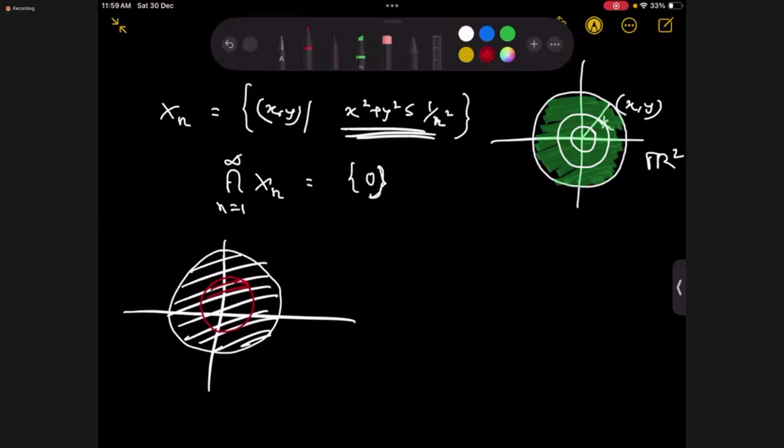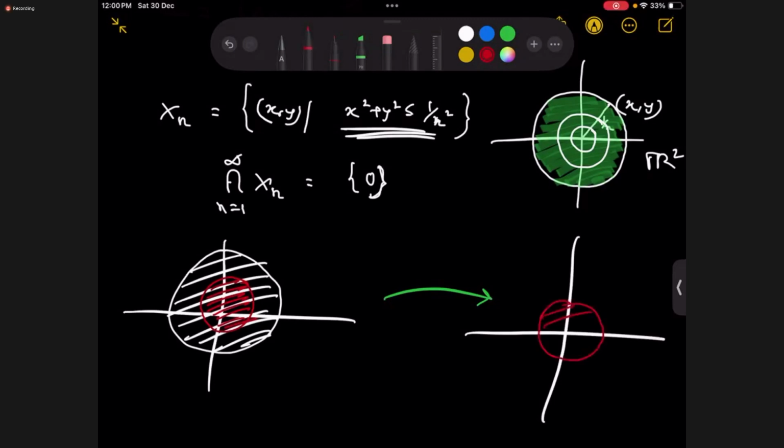If I take the intersection, we will be left with only this set, because this red disk is a subset of this white disk, and if I take the intersection, the smaller set will come out.